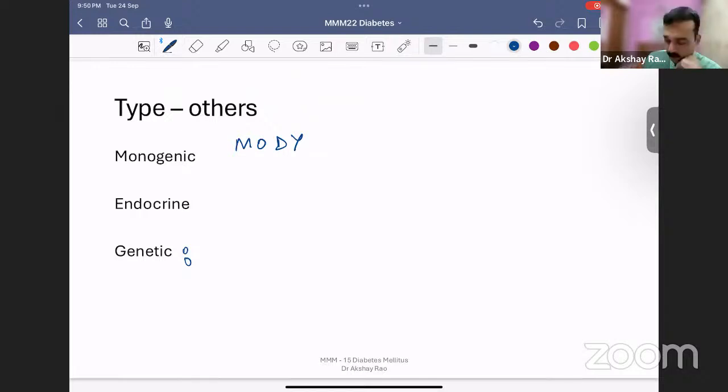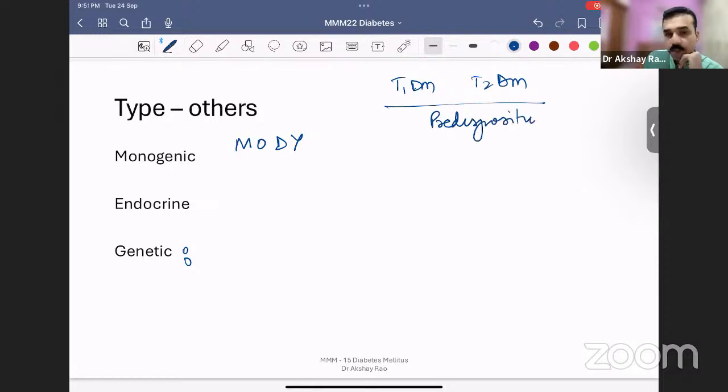So what we talked about, type 1 diabetes and type 2 diabetes, these are polygenic. Type 1, type 2, they require a predisposing factor, predisposition, plus environmental factors, very good Drishti. Maturity onset diabetes of the young, excellent Kirti.